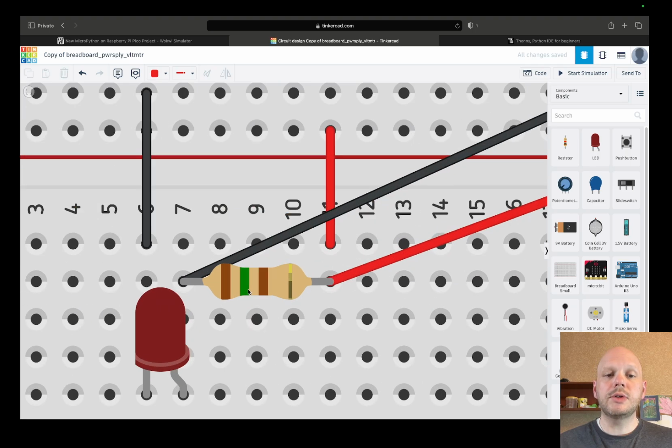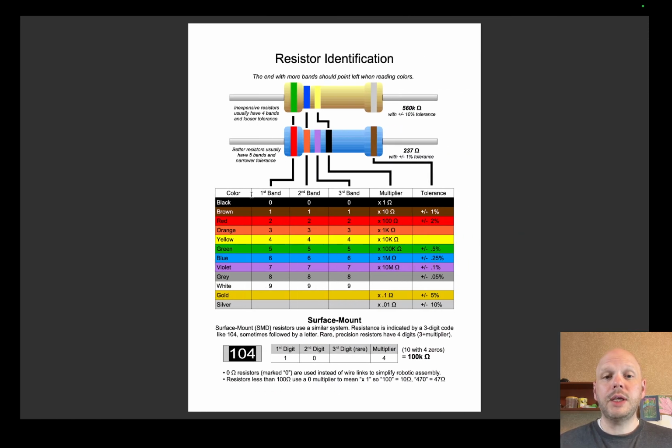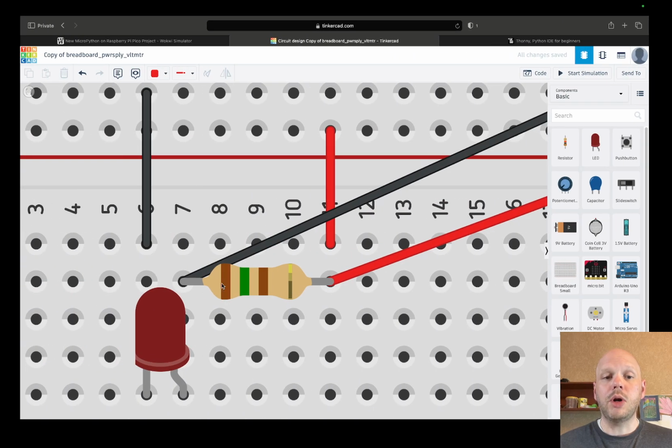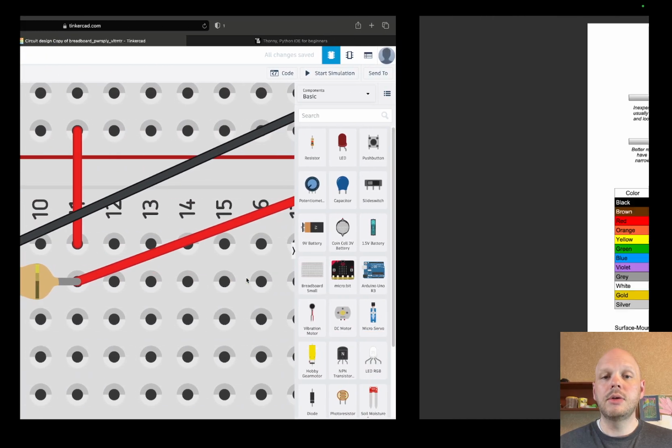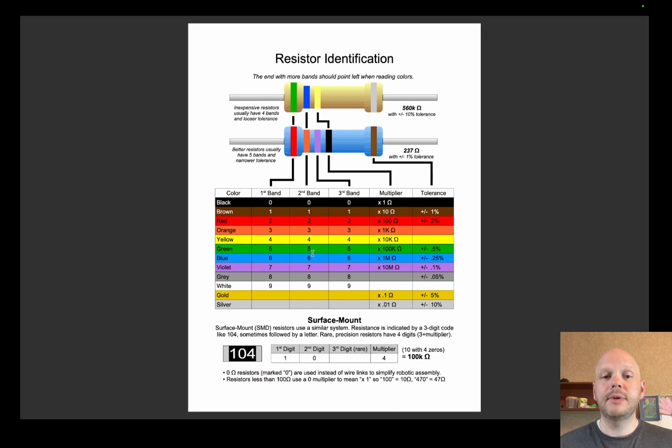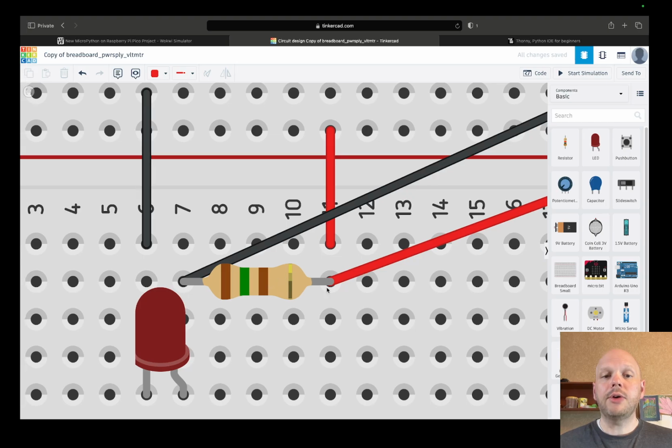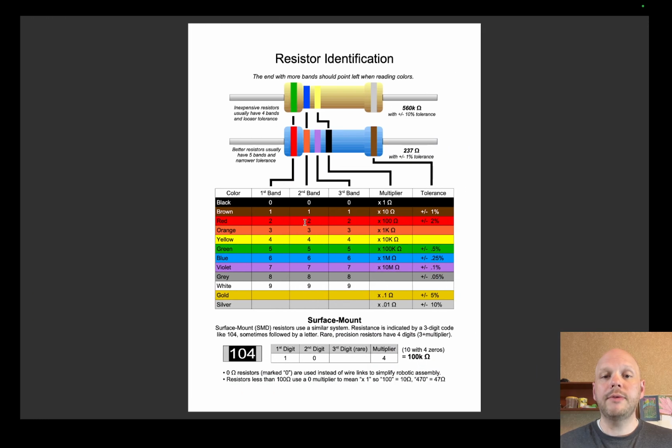Well, let's read the resistor band real quick. It's brown, green, brown. This is different than the one that we had because this is just a 3-band resistor. And if we look here, this is how we would read a 3-band resistor. We would see brown, which is a 1, green, which is a 5, and then brown is our multiplier. So we have 1, 5, and then a multiplier of 10.